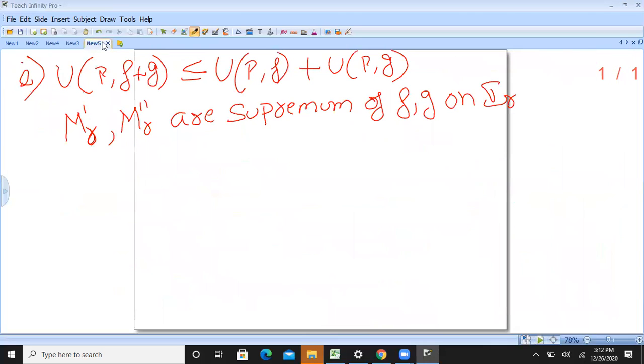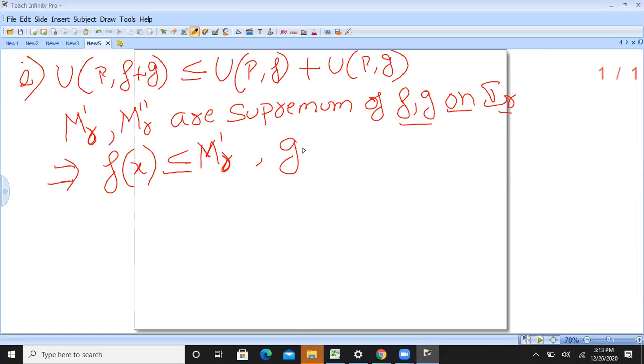Next, on the IR line, f of x is less than or equal to m r dash, and g of x is less than or equal to m r double dash, for all x belonging to IR.